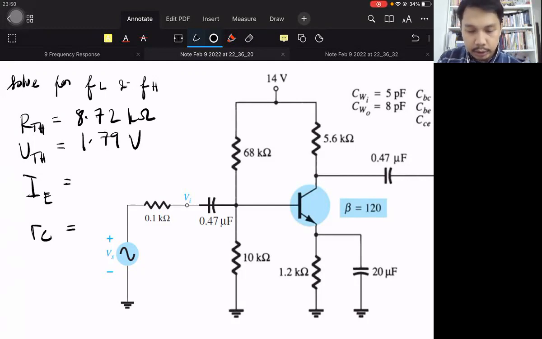So IE. So that one, 1.79 minus 0.7 over RTH over beta plus RE. IB, beta is 120, plus 1 is 121, times 1,200. Solve.